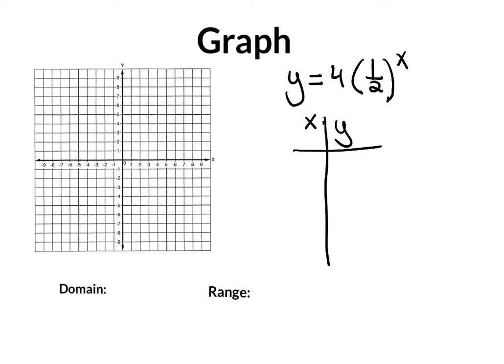So let's just start with -1, 0, and 1. All right, so 4 times 1/2 to the power of -1, 4 times 1/2 to the power of 0, 4 times 1/2 to the power of 1.